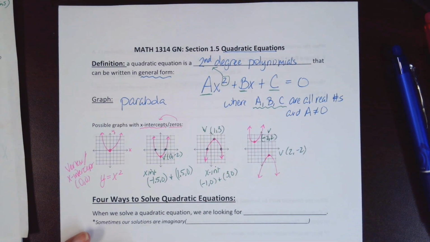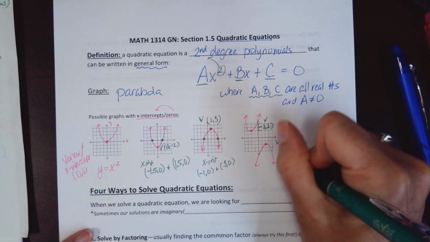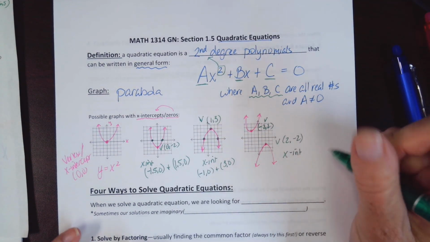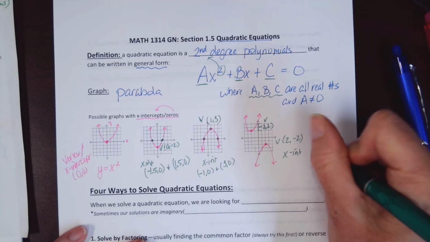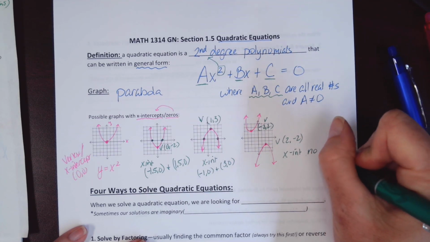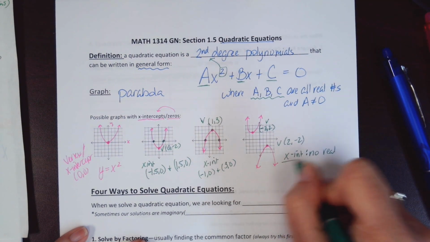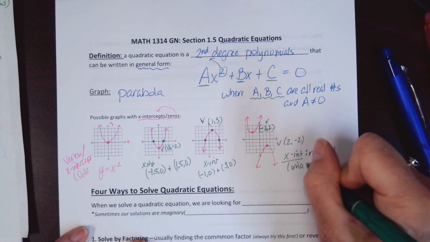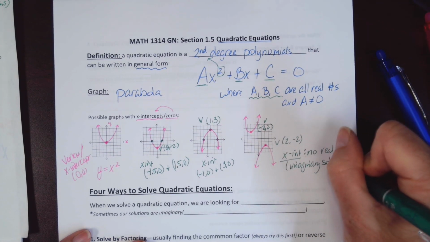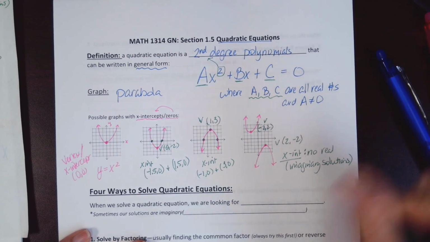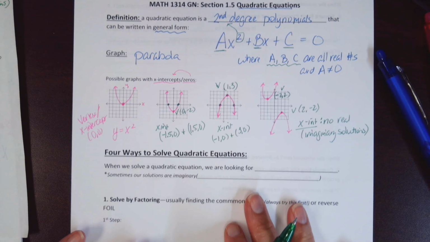But because of the direction both of these separate parabolas are going, my x-intercepts are imaginary. They're not real. No real x-intercepts. Anytime I have imaginary solutions, when I set my equation equal to 0, those solutions don't show up on my graph because my graph is a real number coordinate plane.